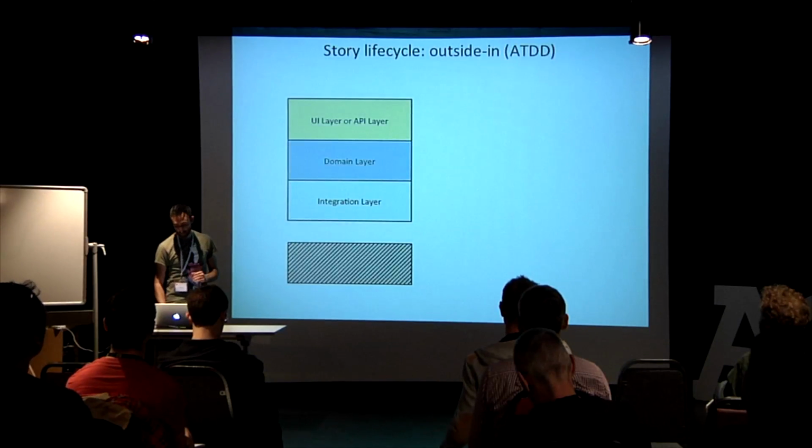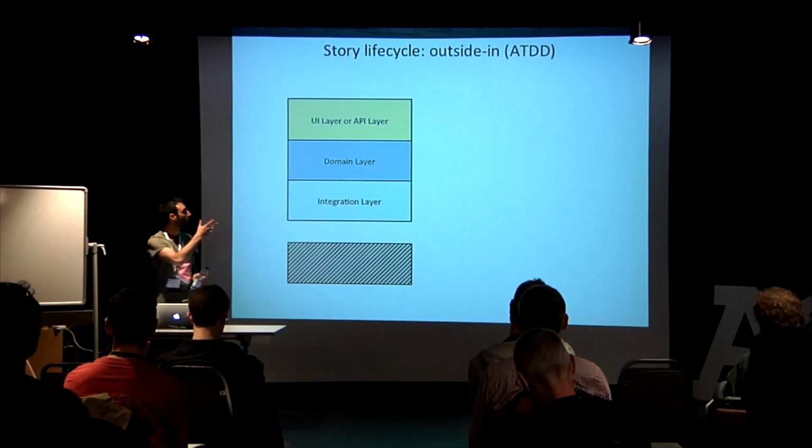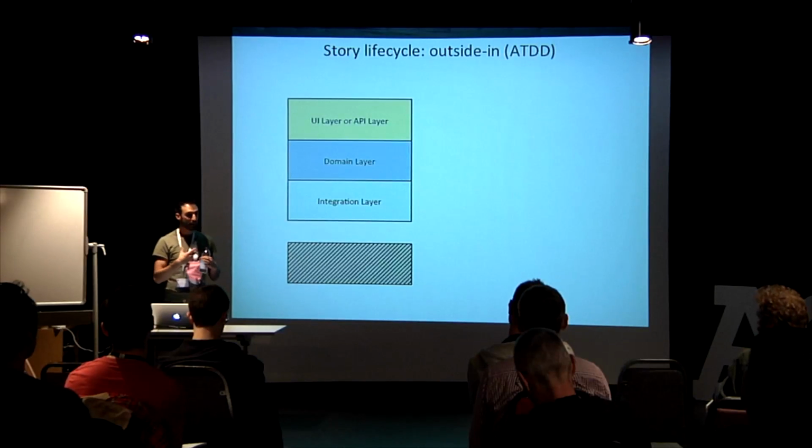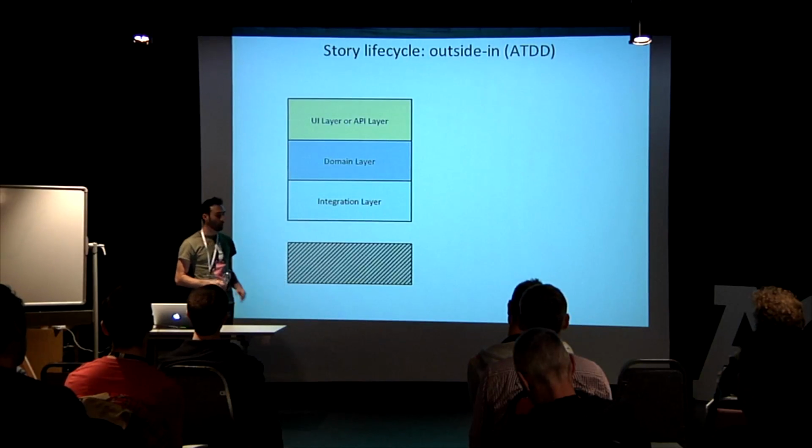Okay, so this is an example where we've got an application with three tiers. We've got a UI or API layer, a domain layer, and then an integration layer which essentially abstracts away all the detail of the integration with the external system.